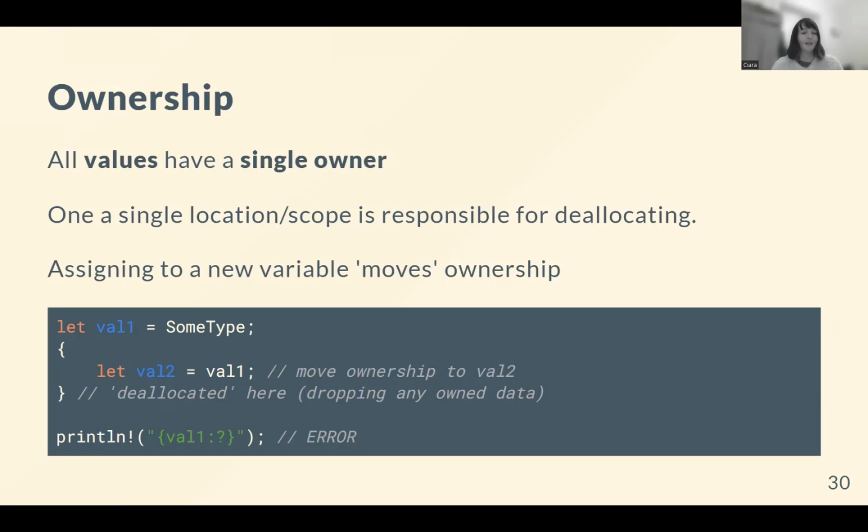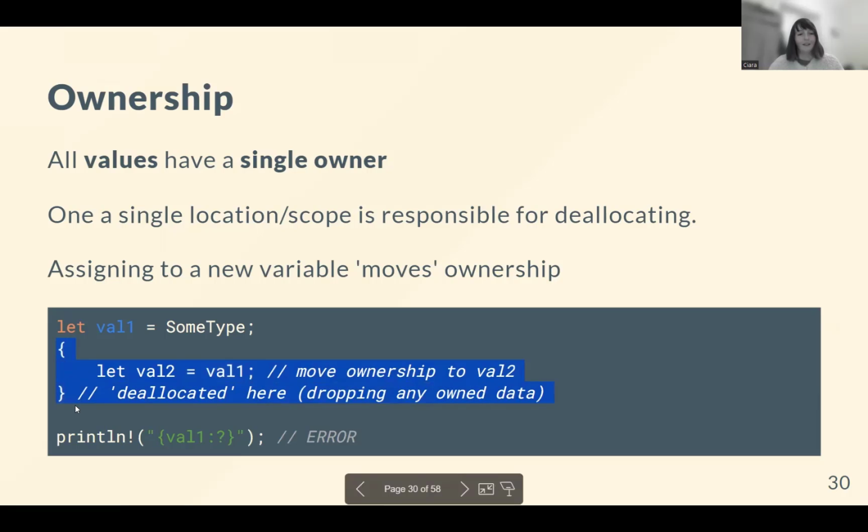And then I'm saying let value2 equal value1. So I'm moving the ownership into val2. And at the end of this little scope bracket here, it's deallocated. So if that value had some data that it owned, that would be dropped. And we wouldn't be able to use the original data, that val1.